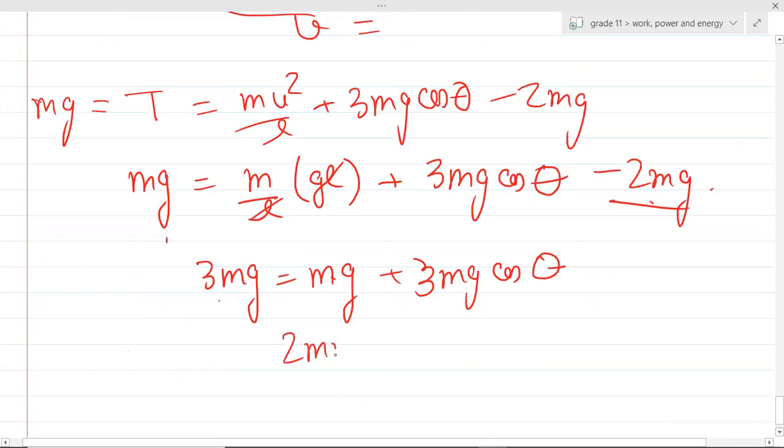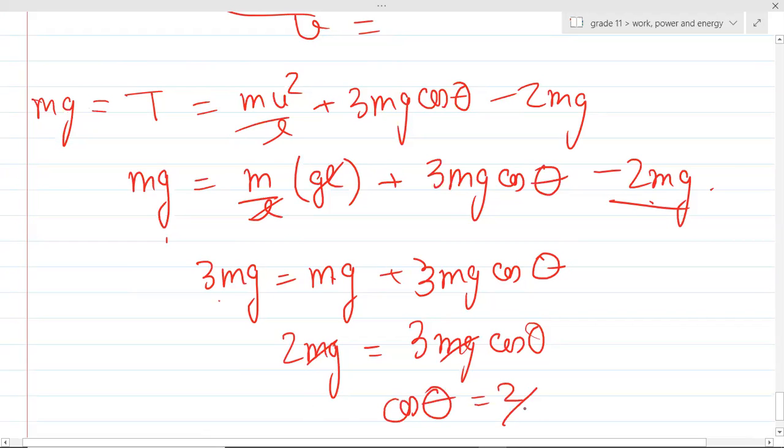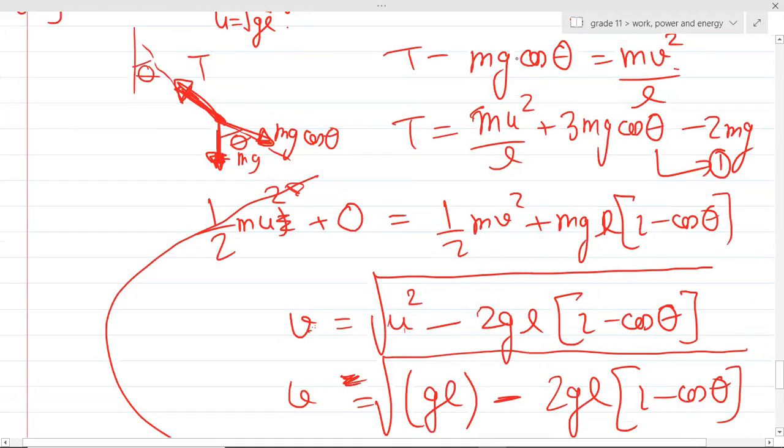So twice mg equals 3mg cos theta. Can you see mg and mg will get cancelled? So from here, the value of cos theta is 2 by 3. And you will put this cos theta in this formula to get the value of v as well, right?